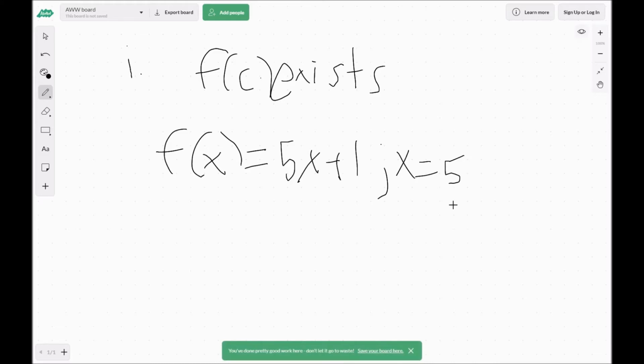If we substitute 5 into the function, that becomes 5 times 5 plus 1, which is equal to 26. So we can see here that 26 is a real number. So the first condition is fulfilled. You first substitute 5 into the whole equation.